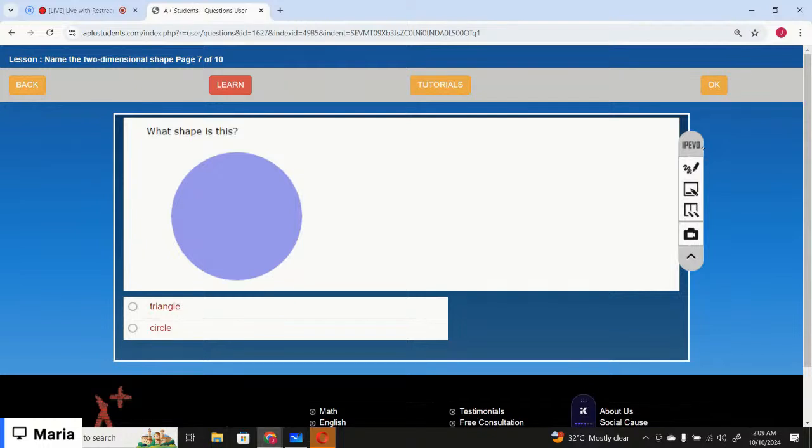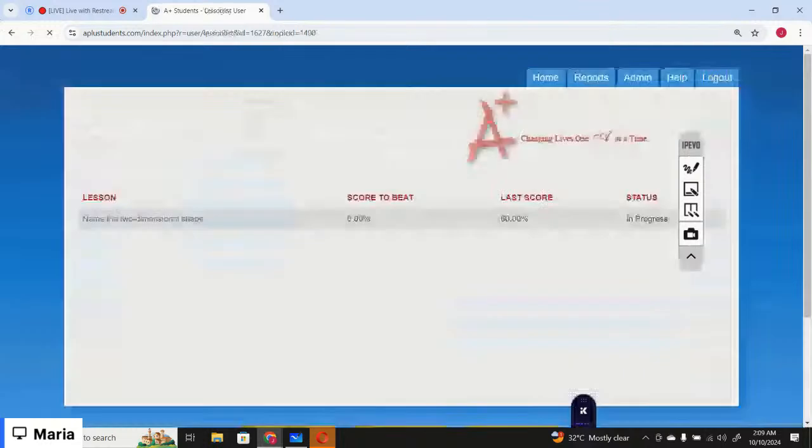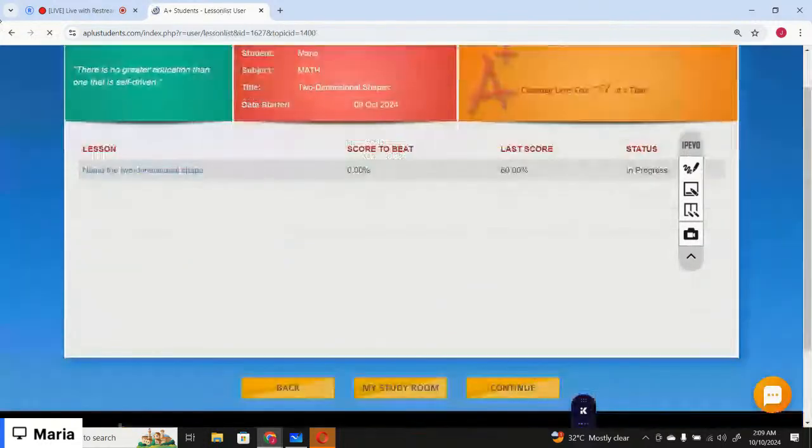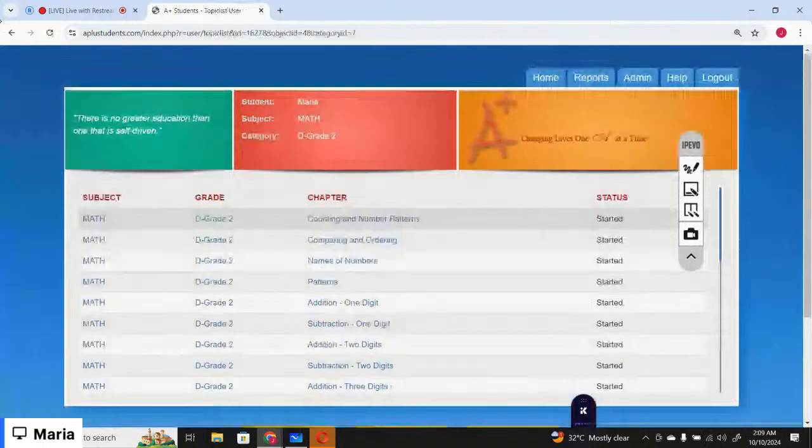Okay, you can complete the lesson by yourself later today. Let me just move on to the next lesson. So we are done with the chapter two-dimensional shapes, right? Let's just move on to the next lesson. The next lesson is three-dimensional shapes. So let's just start with the next lesson.